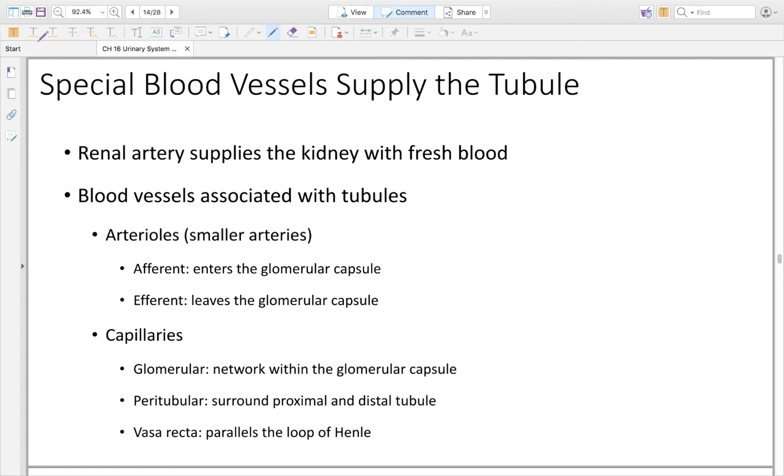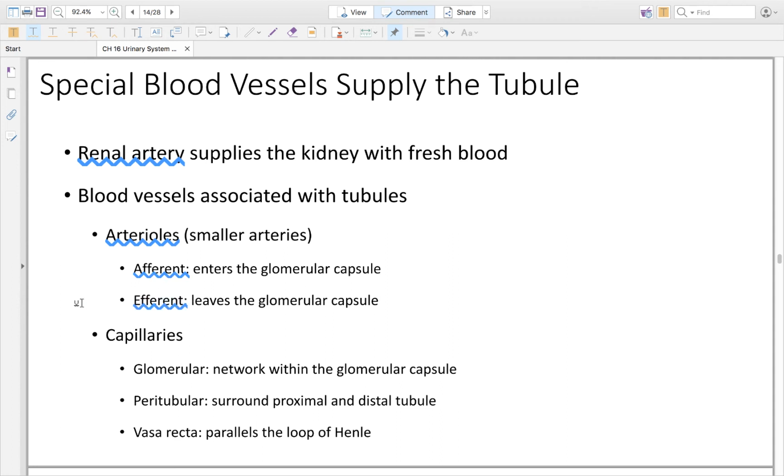All right, so let's talk about other functions and special blood vessels that are involved. The renal artery, of course, is the major artery that supplies the kidney with fresh blood. Then we have arterioles that are small, and we have the afferent and efferent, which we just saw.